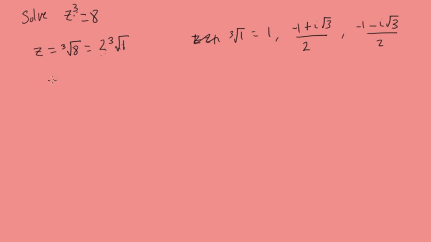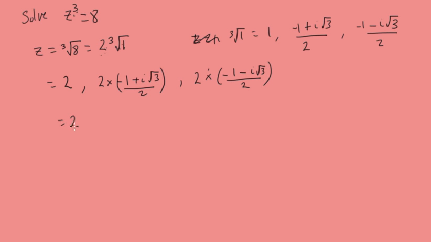So we can now take, we're going to have 2, or 2 times minus 1 plus i root 3 over 2, or 2 times minus 1 minus i root 3 over 2.